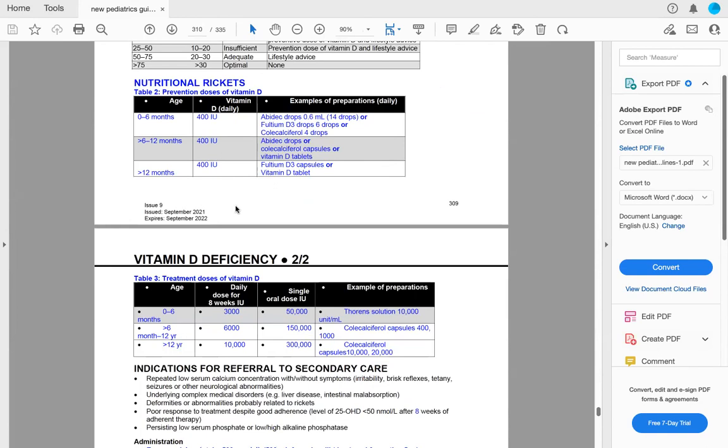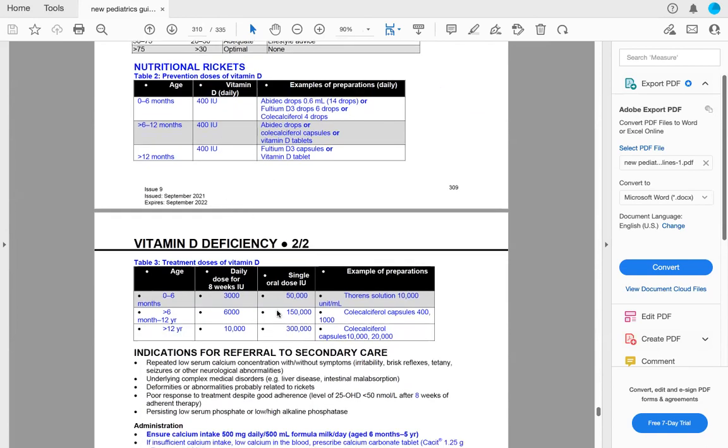Yes, daily dose. So this is 6 months to 12 years, 6,000. 6,000 to a 1-year-old child and 6,000 to an 11-year-old child. Same dose. This is too much for vitamin D deficiency. The good thing is the children will have 6,000 units per day for 8 weeks.